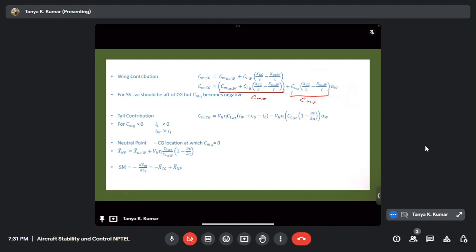Now see the second point, it says for static stability, AC, aerodynamic center, should be aft of the CG. But when this happens, what happens to your Cm naught? Your Cm naught becomes negative, which is not something we desire.